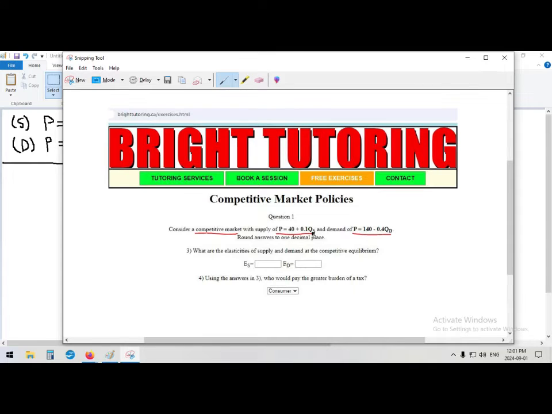With that information, what we have to figure out are the elasticities of supply and demand at the competitive equilibrium. And then using that information, we'll have to figure out who, between the consumer and the producer, would pay the greater burden of a tax. So let's start off by finding the competitive equilibrium and then go from there.